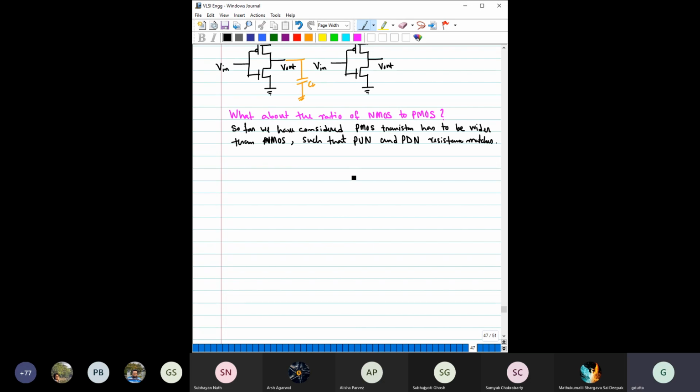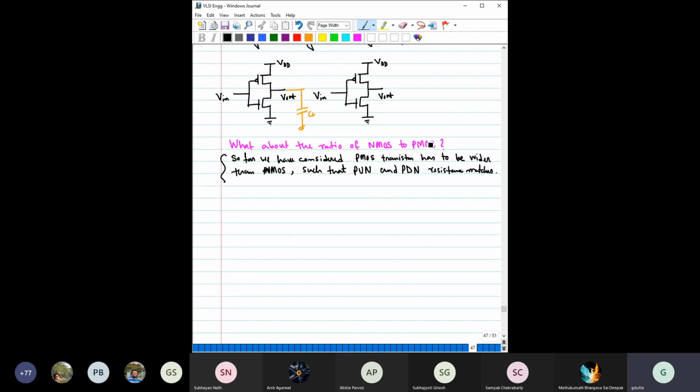This was what we know. But this is definitely not from the propagation delay perspective. From the propagation delay perspective, we can get a better propagation delay if we change this ratio not as per the resistance point of view, but from some different point of view.